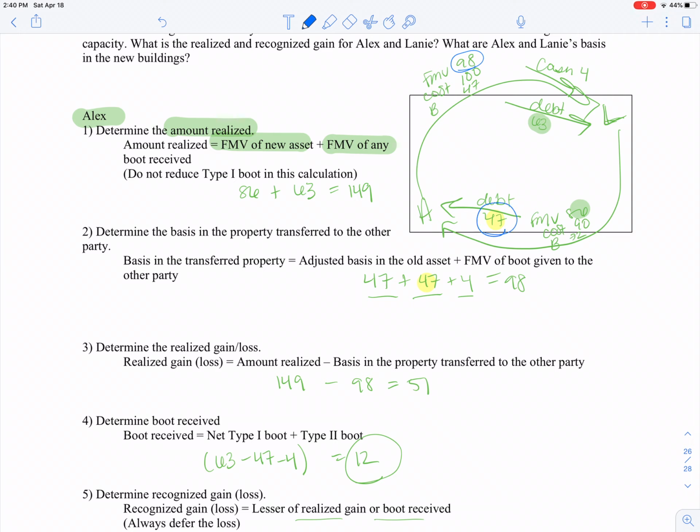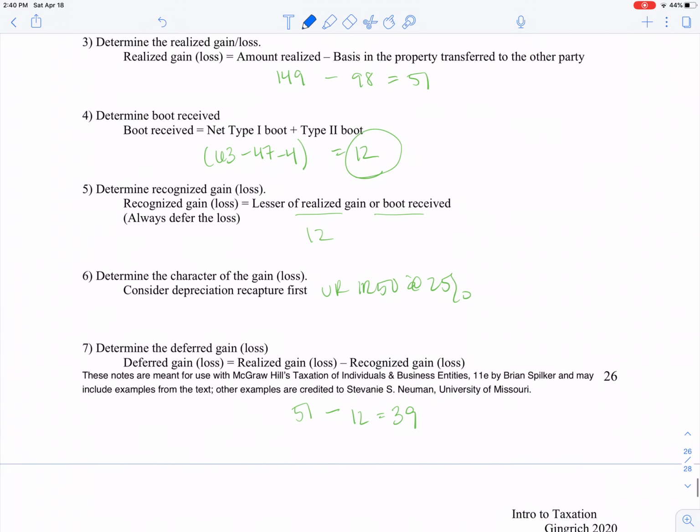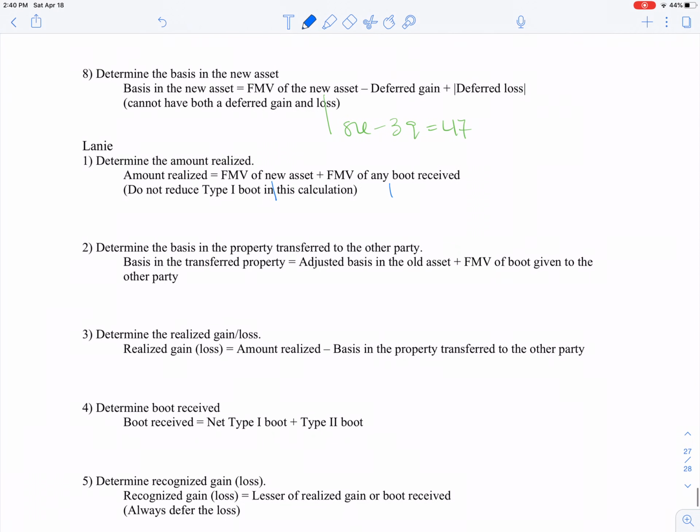She's receiving boot when Alex is taking on her liabilities, and she's receiving cash of 4. So we would come down here and say the amount realized is the 98 plus 47 plus 4, or 149.